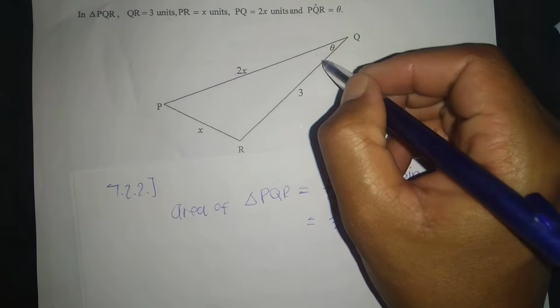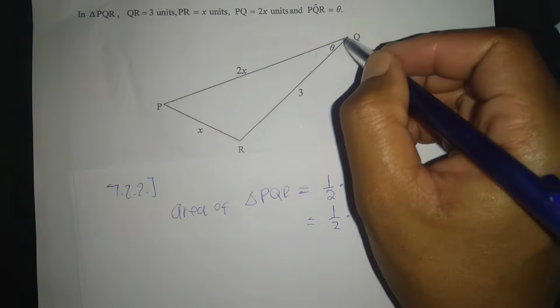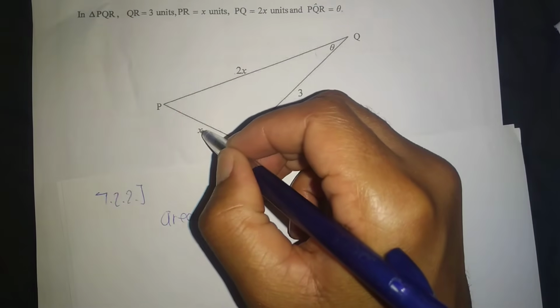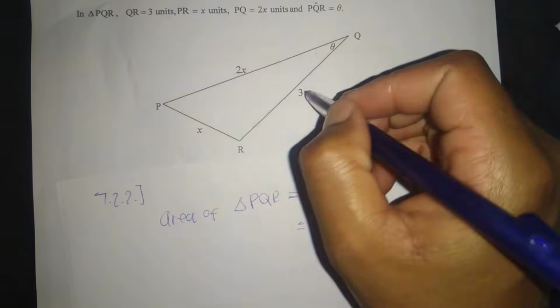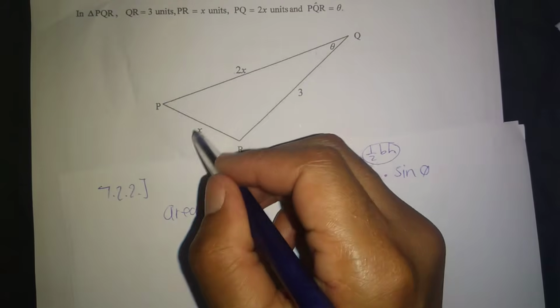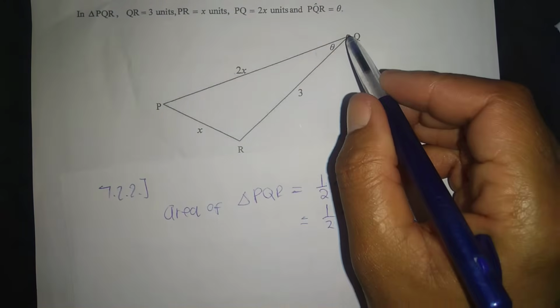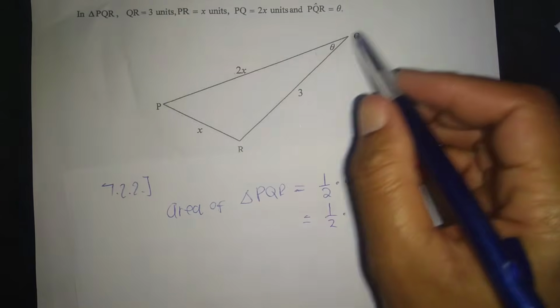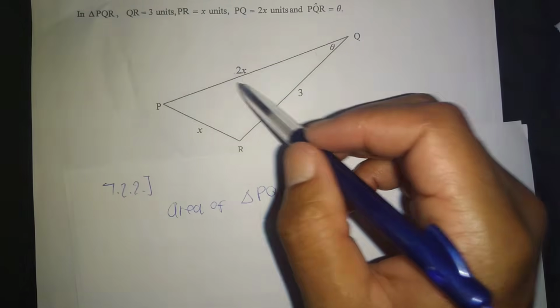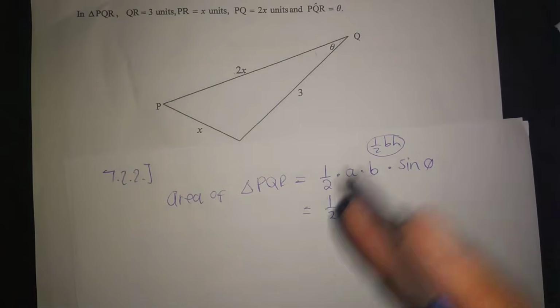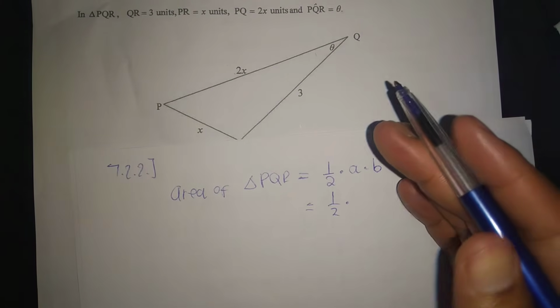If we pick this angle, because we have two sides here, then this side squared is going to be equal to this one squared minus 2 times this, and then cos theta. So similar to that concept.